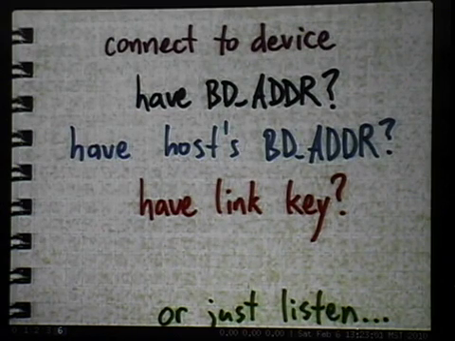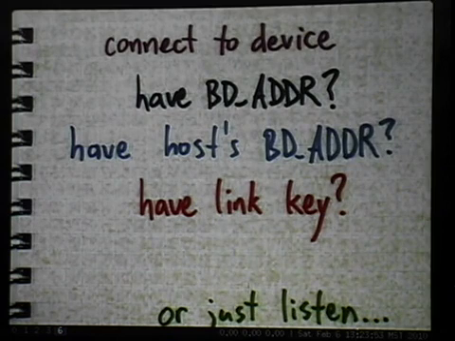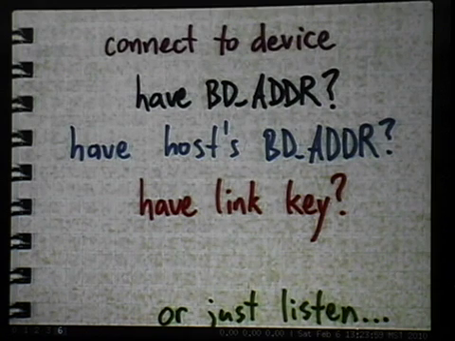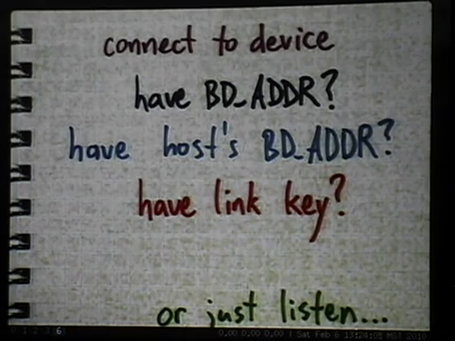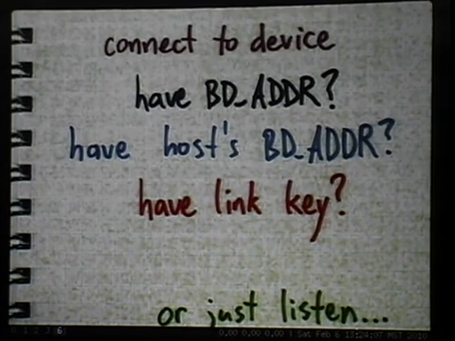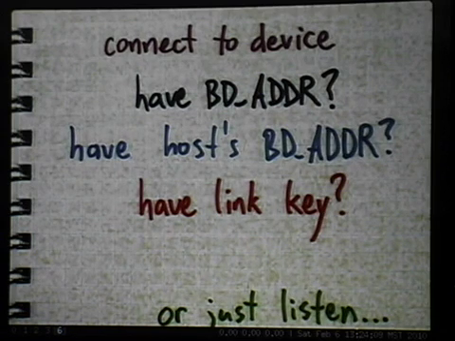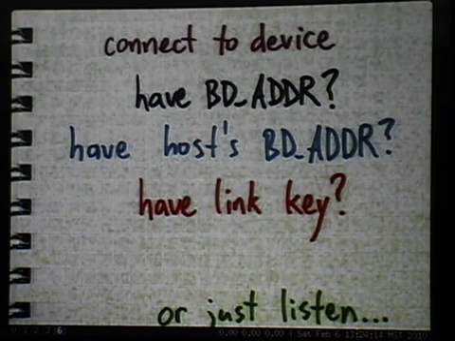One of the things that we could do if we have just plain off-the-shelf dongles and HCI layer tools is to try connecting to a device directly. That means connecting to the keyboard. You can initiate a connection to that keyboard if you have its address. You can initiate a connection to the keyboard while spoofing the host's address if you also have the host address.